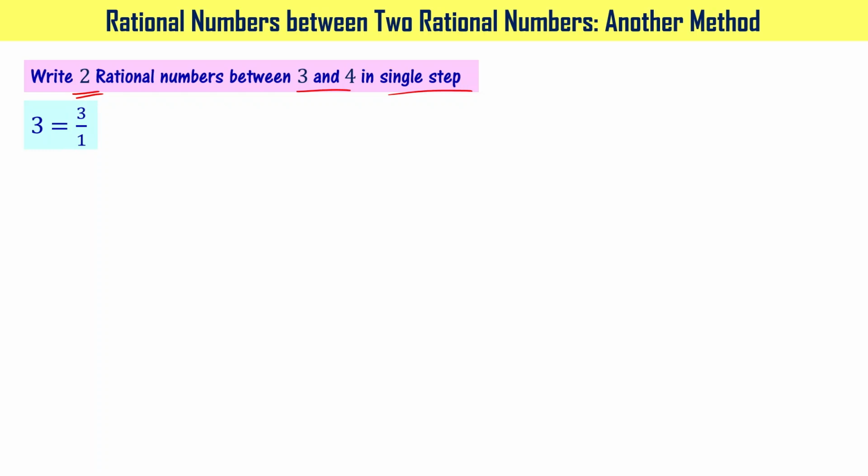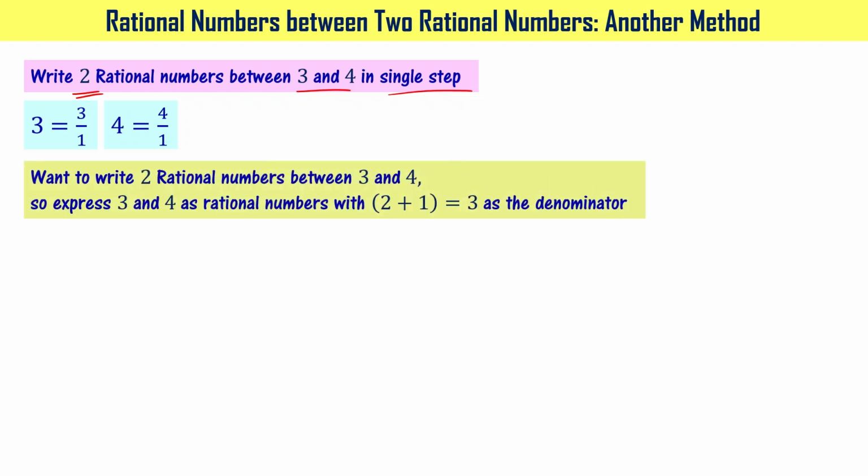We know that 3 can be written as 3 by 1, and 4 can be written as 4 by 1, right? And we want to write two rational numbers between 3 by 1 and 4 by 1. To do that, we have to express 3 by 1 and 4 by 1 as rational numbers with 3 as the denominator.